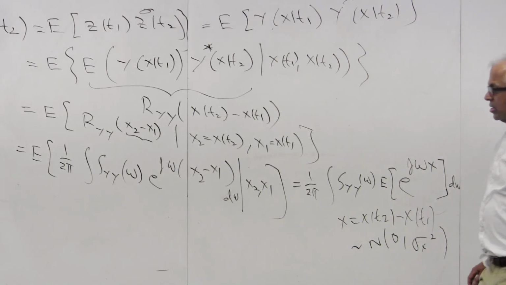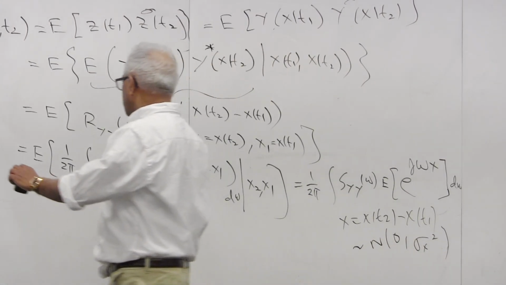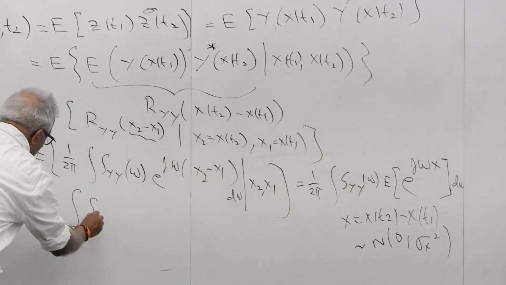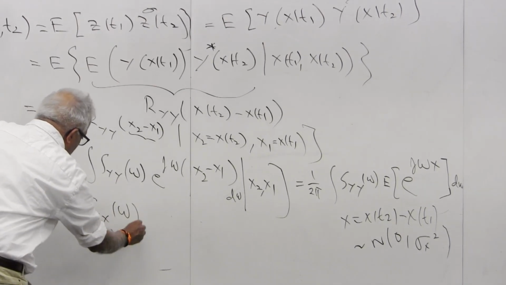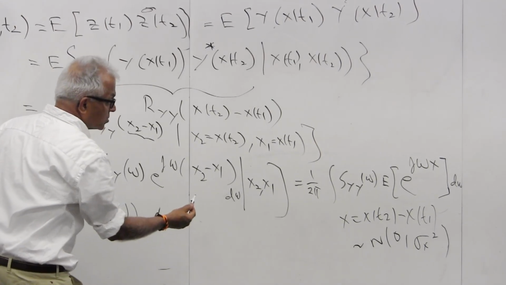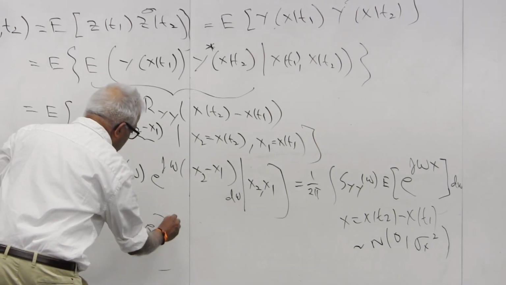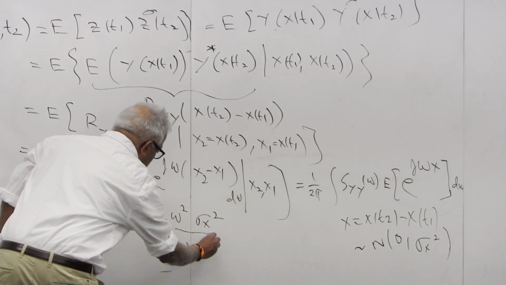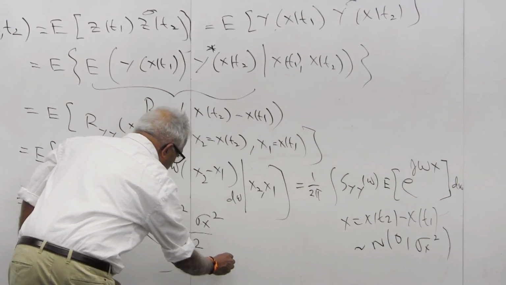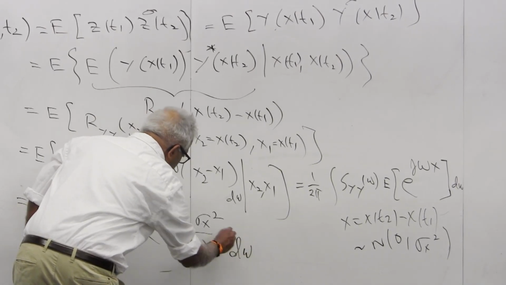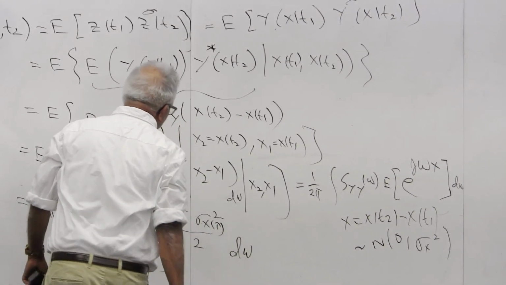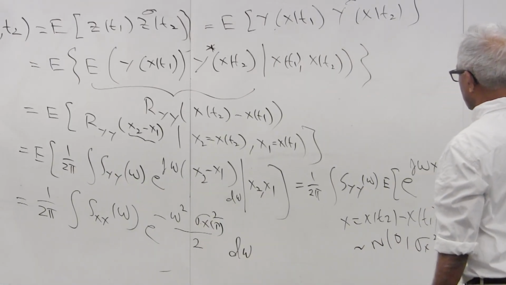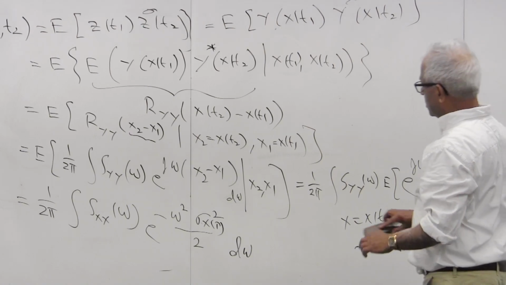Because this expression now becomes 1 over 2 pi integral of S_YY of omega times the characteristic function of a Gaussian random variable, that is e raised to minus omega squared sigma x squared by 2, d omega. Sigma x squared will be a function of t2 and t1.